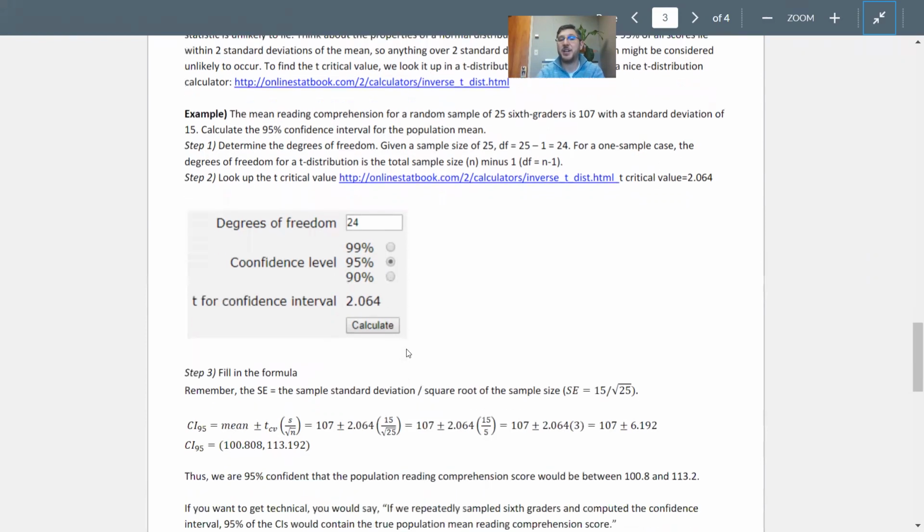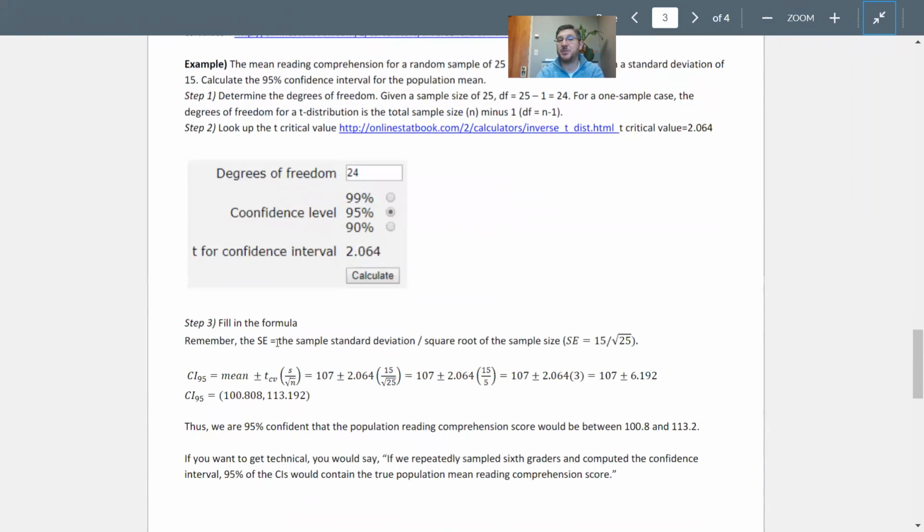To calculate the standard error for this sampling distribution, remember the central limit theorem tells us that the standard deviation of the sampling distribution is equal to the population standard deviation divided by the square root of the sample size. Since we don't know the population standard deviation, we're going to use the sample standard deviation to estimate it. Since we're estimating it, it adds a little bit of error into our measurement, and that's really the reason we're using the t-distribution as opposed to a normal distribution. The t-distribution has fatter tails that take into account this extra bit of uncertainty.